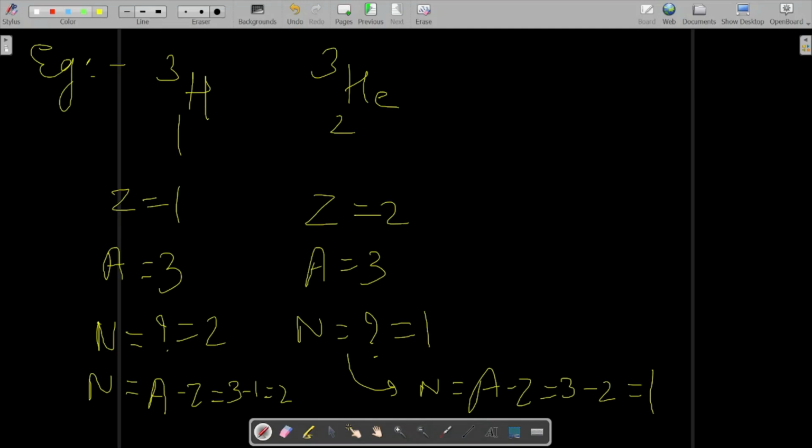So clearly you can see that Z and N are interchanged for both of these.